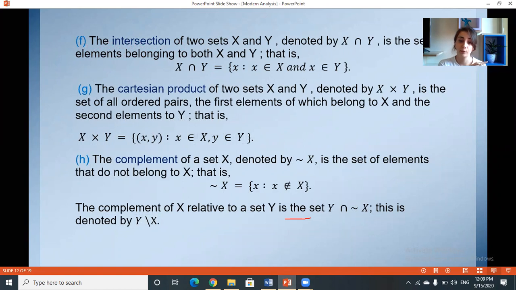This is different from intersection and union. In ordered pairs, the order of the elements matters. In the Cartesian product, the first element belongs to X and the second element belongs to Y. The complement of a set X, denoted by this sign, is the set of elements that do not belong to X. We can write it like Y minus X, the subtraction of two sets.